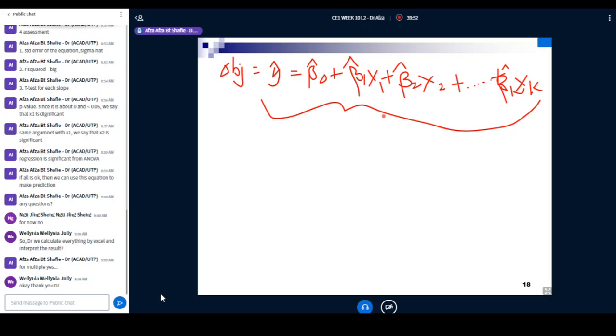We run it on the Excel. For the multiple, you have no choice, you have to run it on the Excel. After we have run on the Excel, we do the assessment. The assessment is of course finding the standard error, and then we find the R squared.